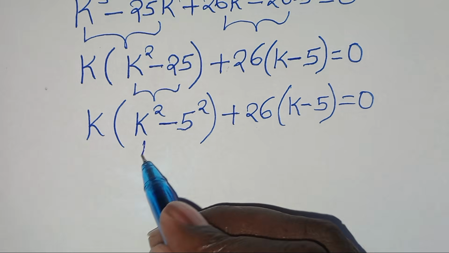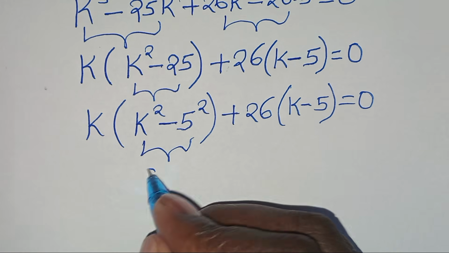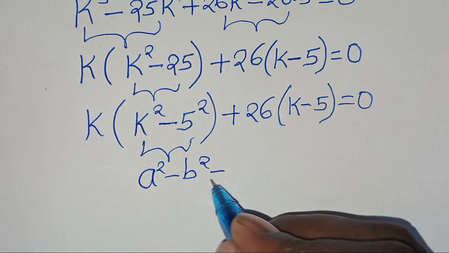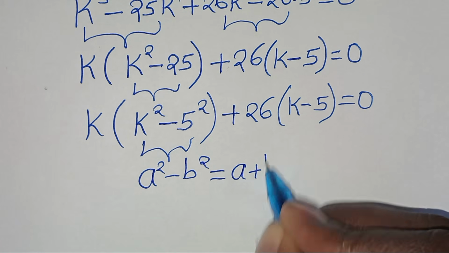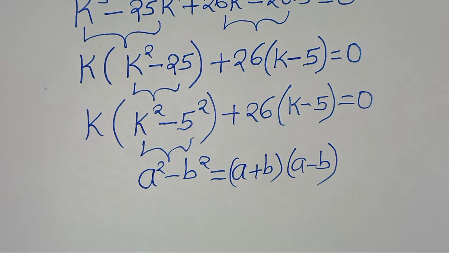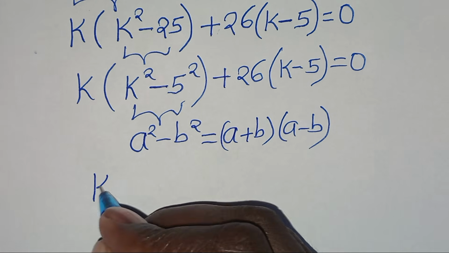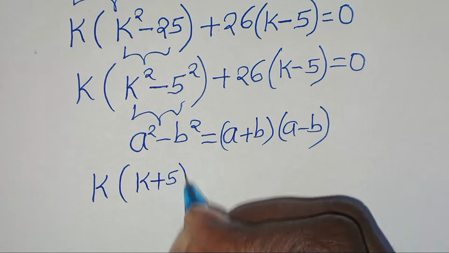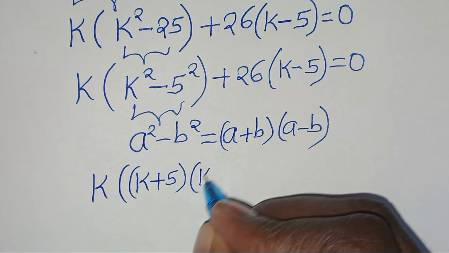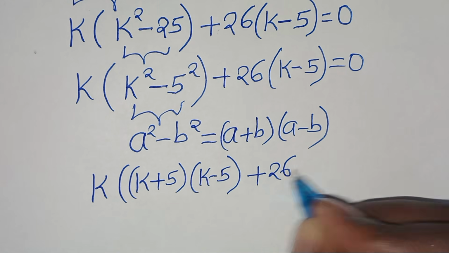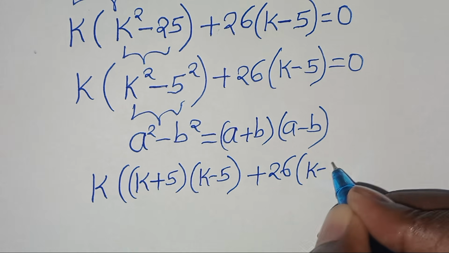Now we have that k squared minus 5 squared. This is the difference of two perfect squares expressed as a squared minus b squared. This can be expressed as a plus b multiplied by a subtract b. So this is k plus 5 multiplied by k subtract 5, then plus 26 multiplied by k minus 5.